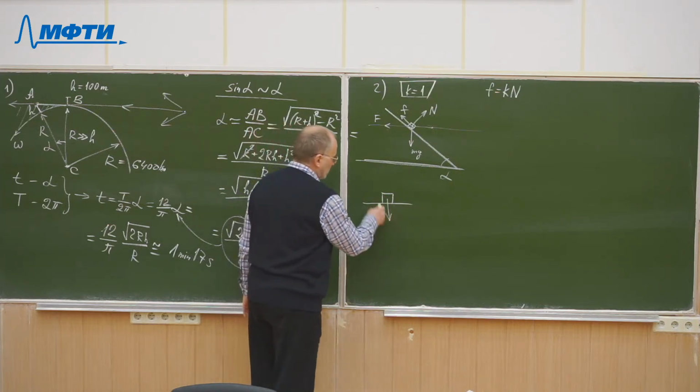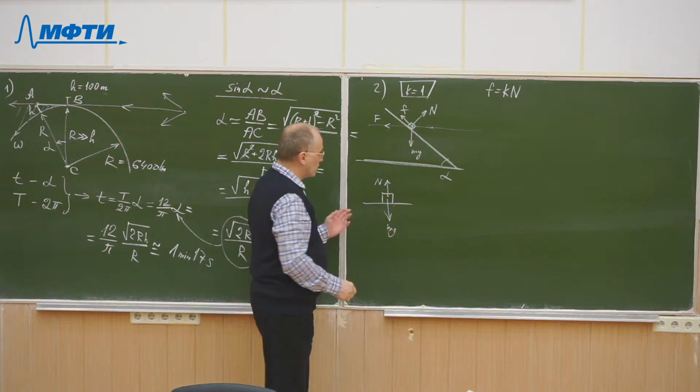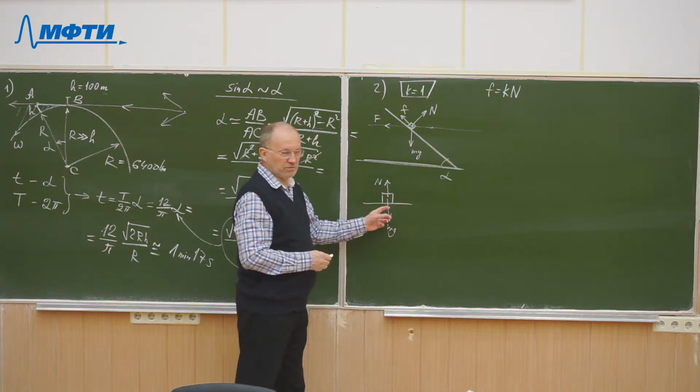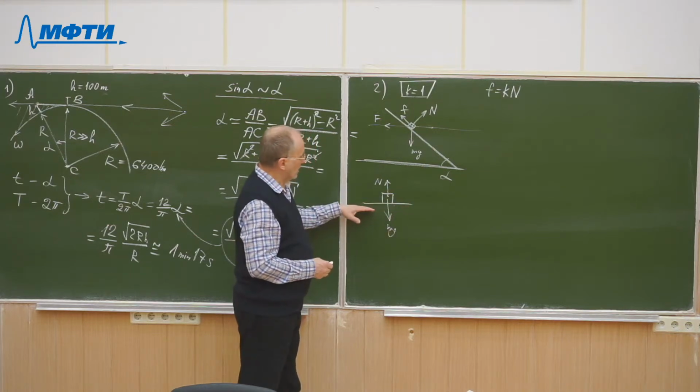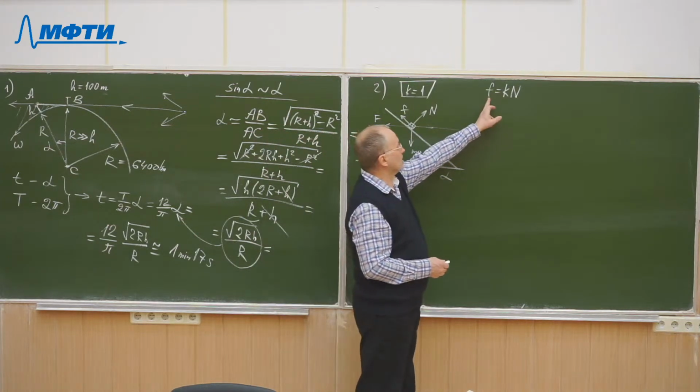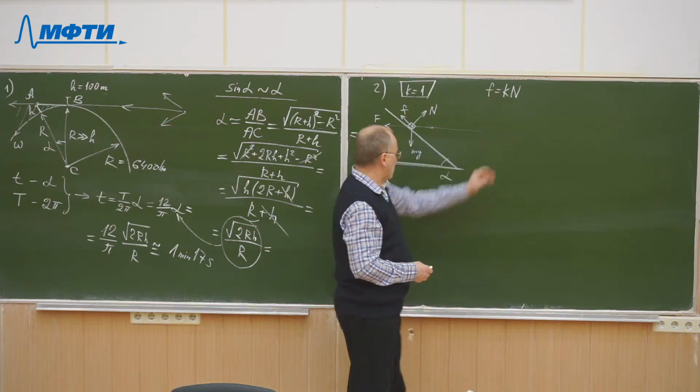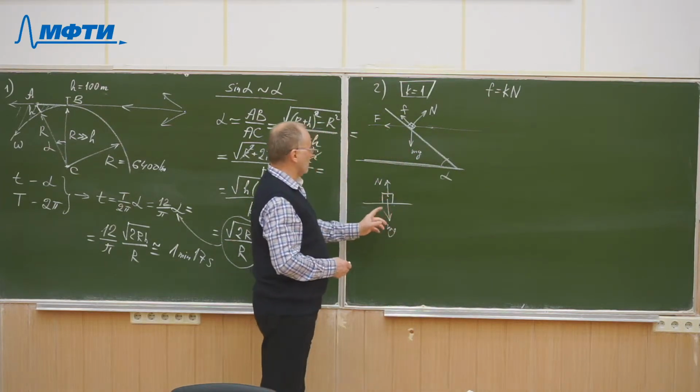We have only the force of gravity and the force of reaction of the surface, and no friction here. No friction. So in this case, when the body is on a horizontal surface, the force of friction will be 0.